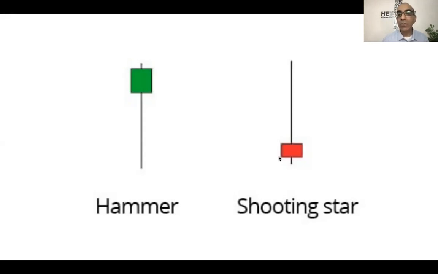And so this shows that the probability is higher that the price will go lower the next day or from the next candle onwards. So the hammer, okay, whenever you see a hammer, know that the probability is higher for the price to continue going up. When you see a shooting star, the probability is higher that the price will continue going further down.